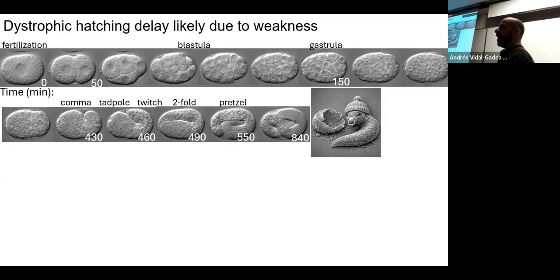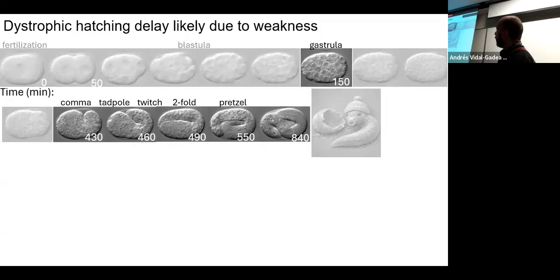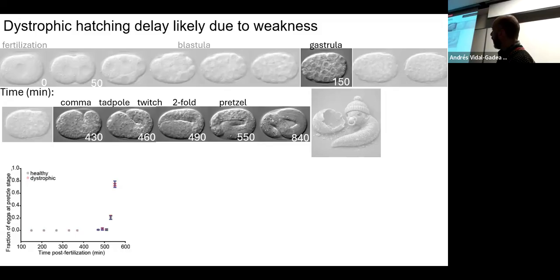My students had to sit there and take pictures of this thing over and over and over again to get an idea, right? So the first thing we did is, are these things developing slower, right? And so we looked at eggs starting at 150 minutes and saw when they arrive at this pretzel stage, where they look like a pretzel, and there was no delay there, okay? So they develop at the same speed as a wild type animal, okay?